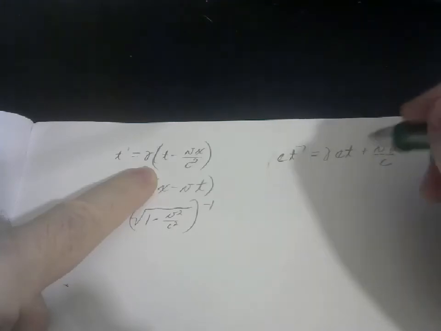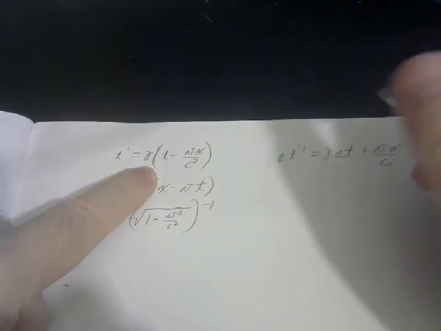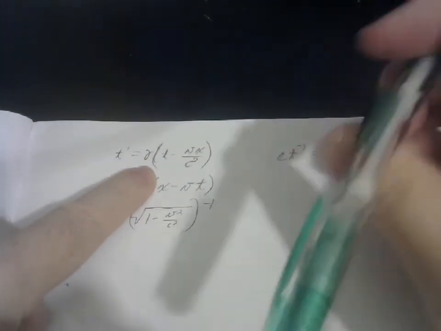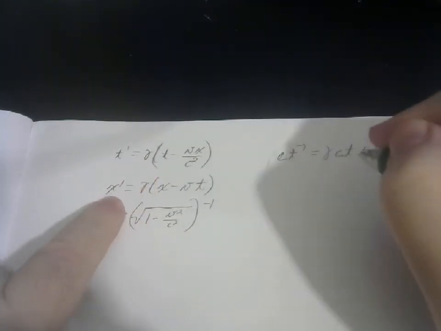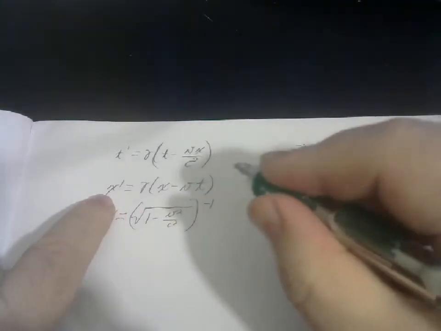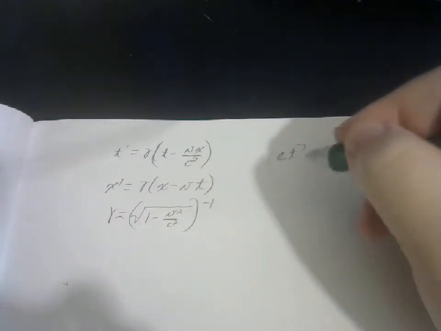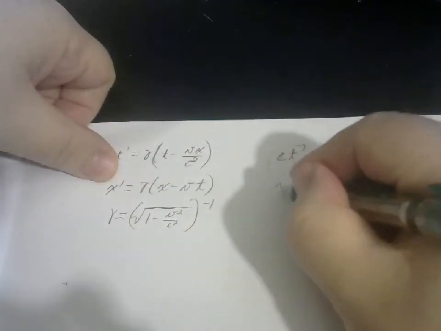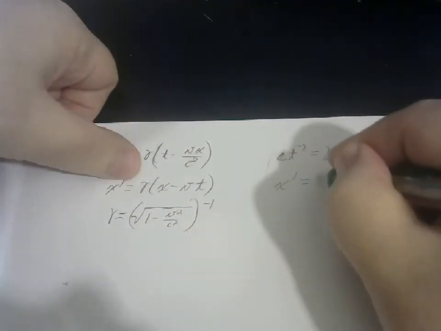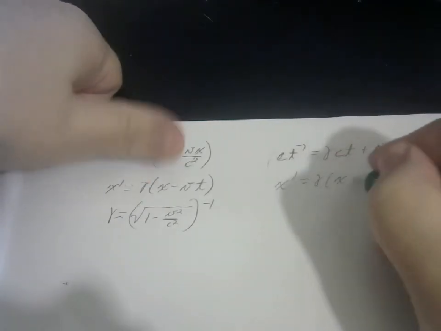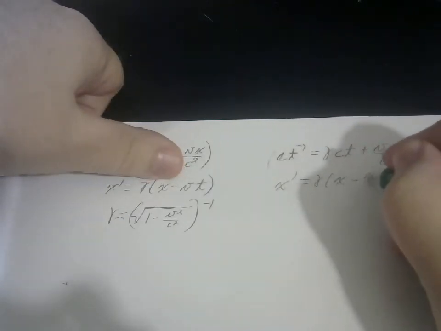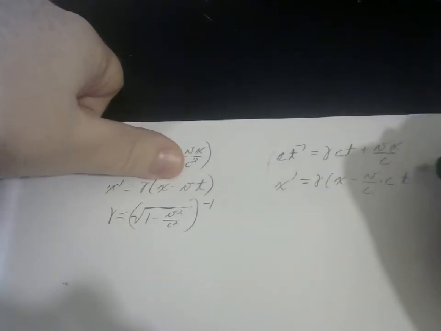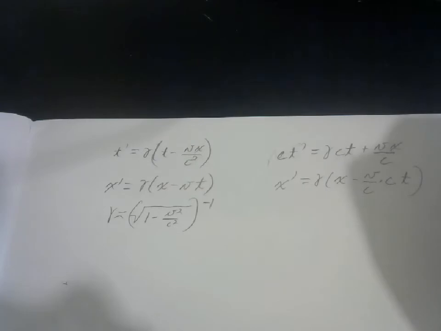So I multiplied everything by c. Can I do the same thing with this one? I do want a c in there, so I'm going to make this term v over c times ct. So I divide by c and multiply by c at the same time.